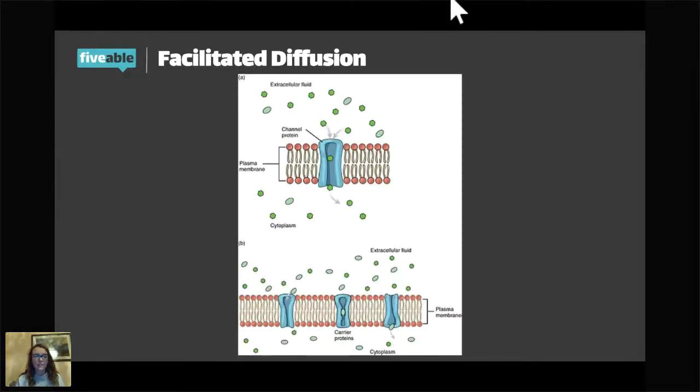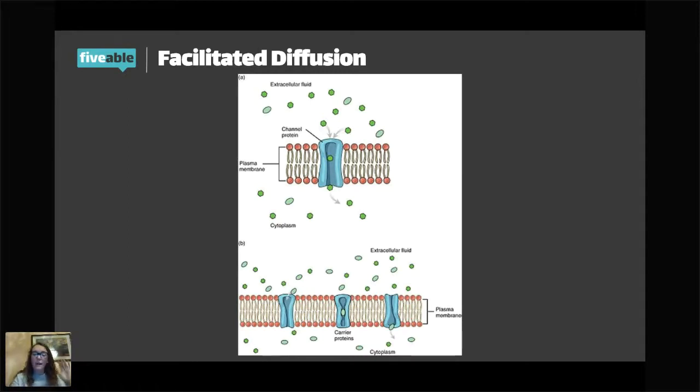So facilitated diffusion, slightly more up close. You will notice that in our concentration gradient, we have lots more green particles, whatever they are, on top of that cell as opposed to inside of that cell. So the extracellular fluid has a higher concentration than the intracellular fluid, which is why, using that fancy channel protein, because remember this is for polar molecules that can't get through the membrane on their own, they are moving inside of the cell, okay?